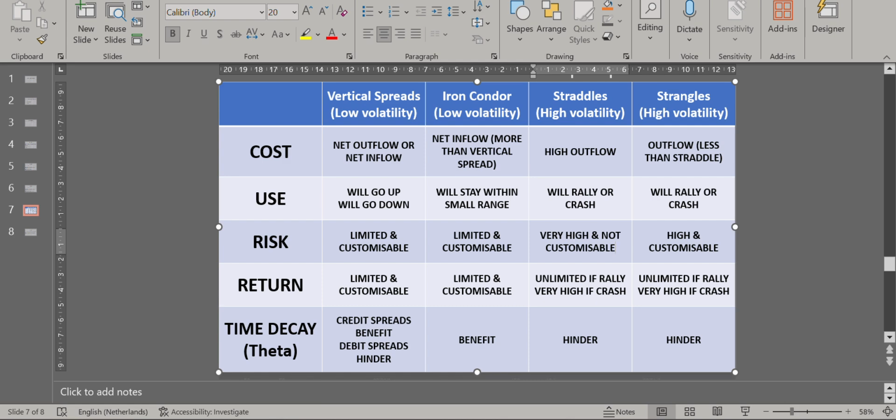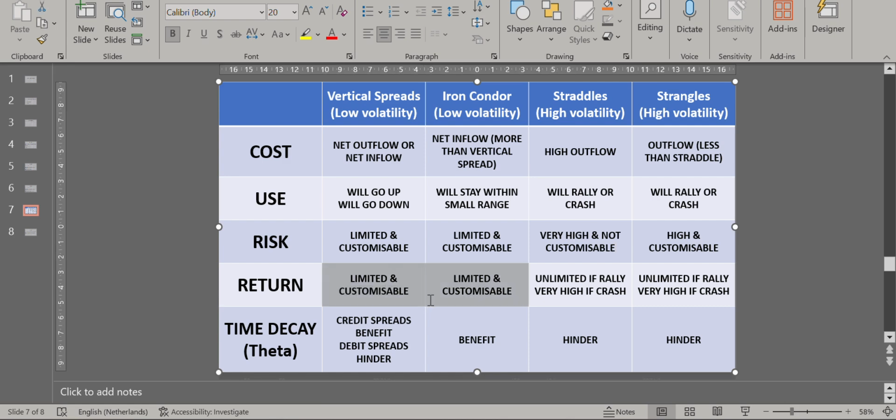And in here, in terms of the return, again, you can get as much or as little as you want in terms of potential profit, all right, not certainty, but in terms of potential. It is also customizable in the case of the strangle, but it's not customizable in terms of the straddles.